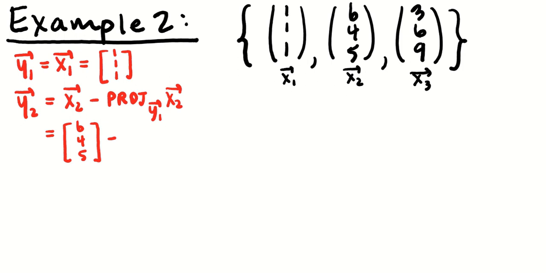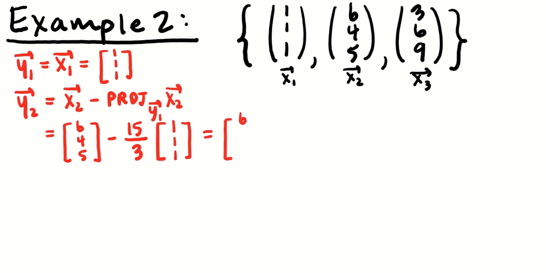So 6, 4, 5 dotted with 1, 1, 1 is going to be 6 plus 4 is 10 plus 5 is 15. Divided by y1 dotted with y1, which is 1 times 1 plus 1 times 1 plus 1 times 1 is going to be 3, times y1.